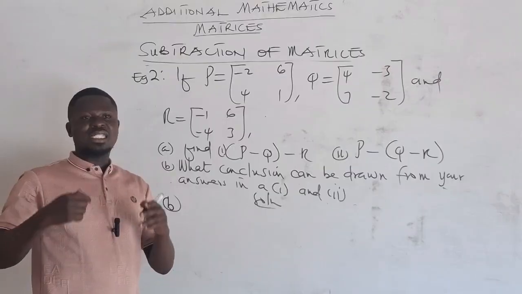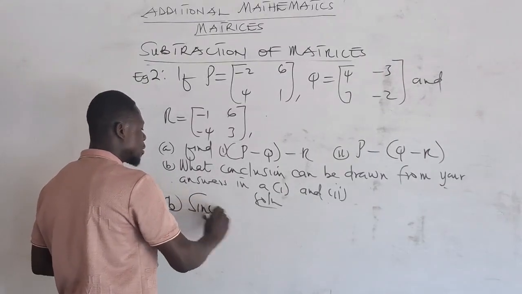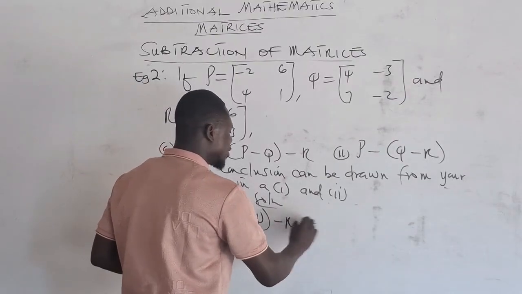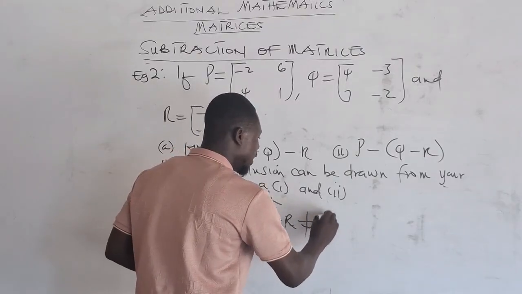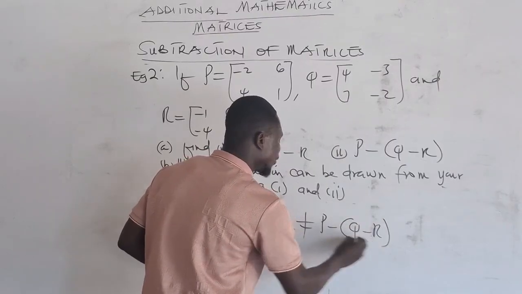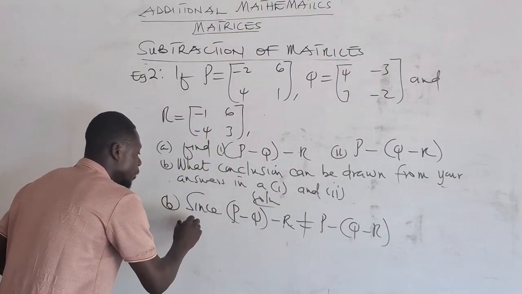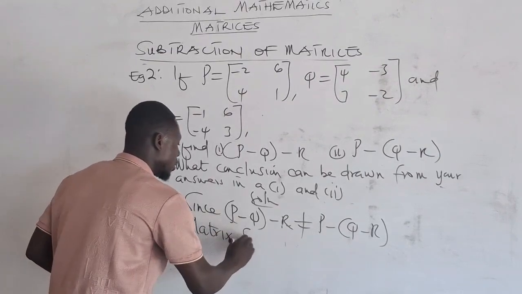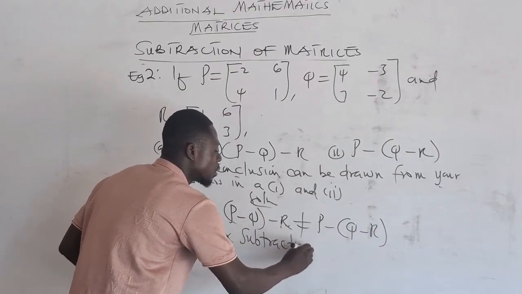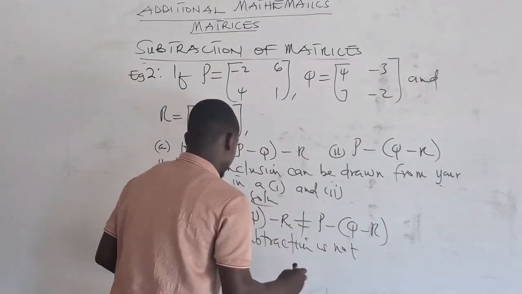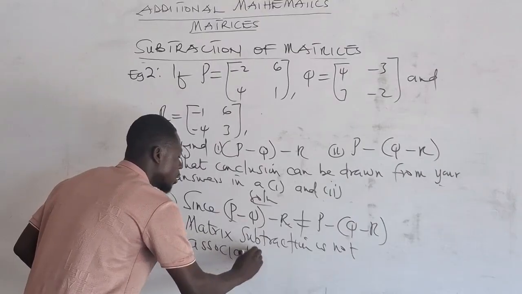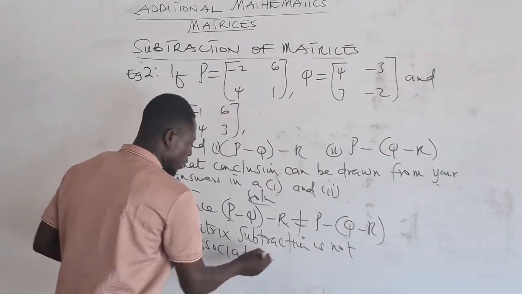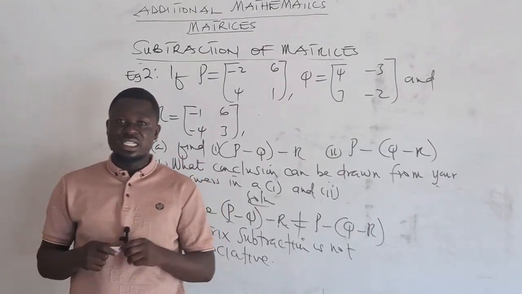The conclusion that can be drawn is that since P minus Q in a bracket minus R is not equal to P minus in a bracket Q minus R, matrix subtraction is not associative.